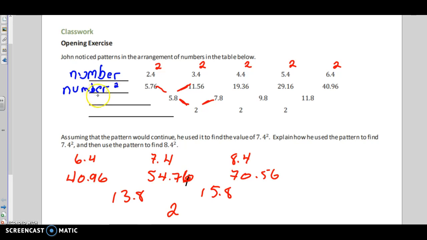And then I'm taking what we're going to call the first difference. Difference meaning subtraction. I'm doing it for the first time. And then I'm doing it again, so this will be the second difference.